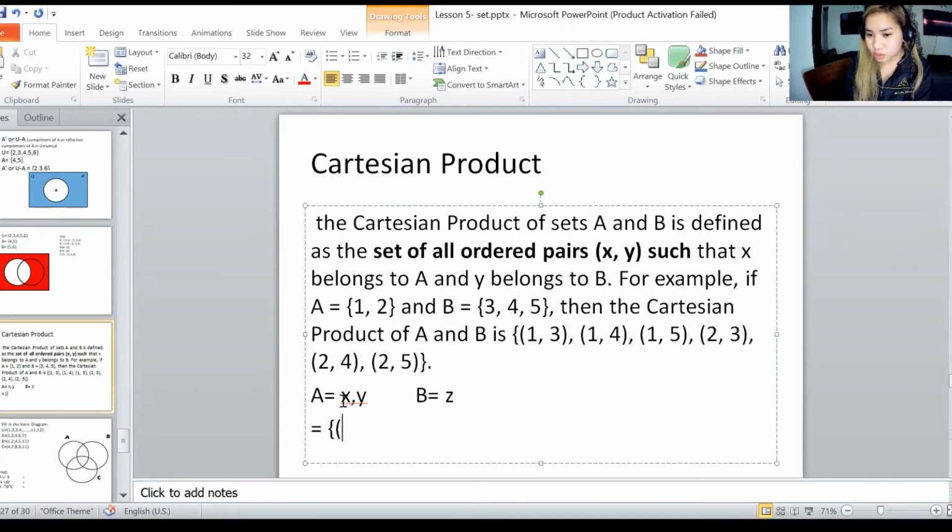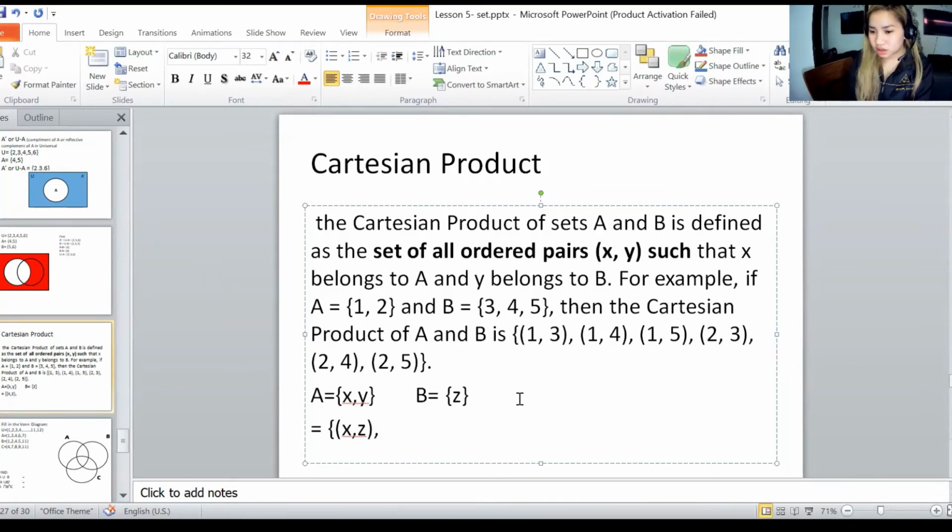So, si element x, i-distribute natin sa mga elements ni B. Kung x dito, i-distribute natin siya dito. So, magiging ordered pair is (x, z).